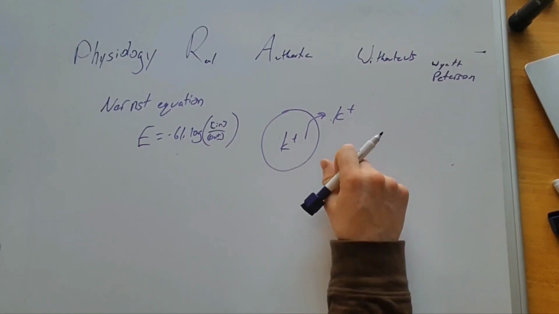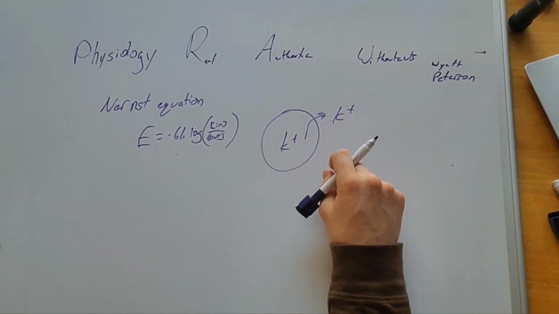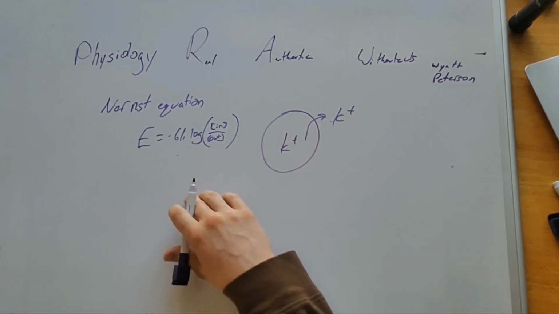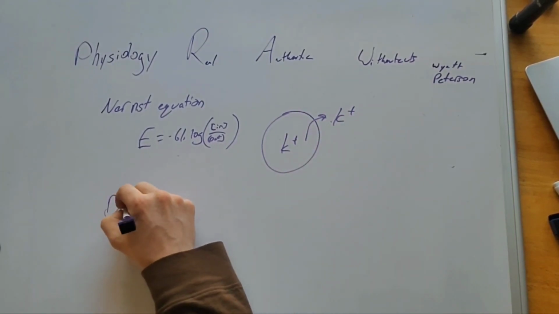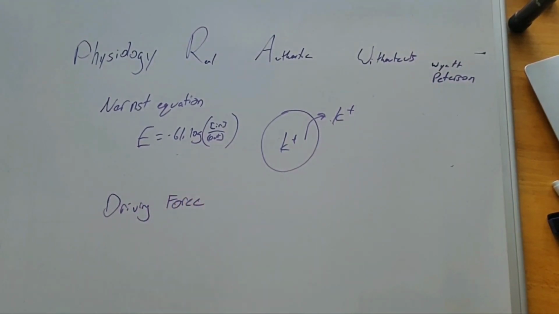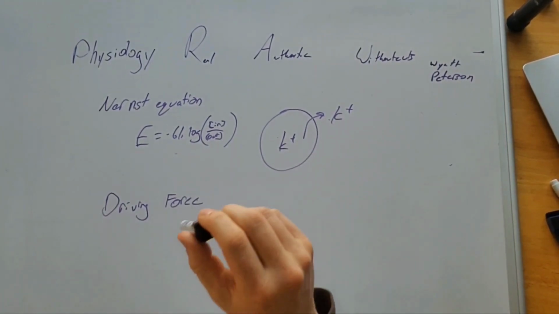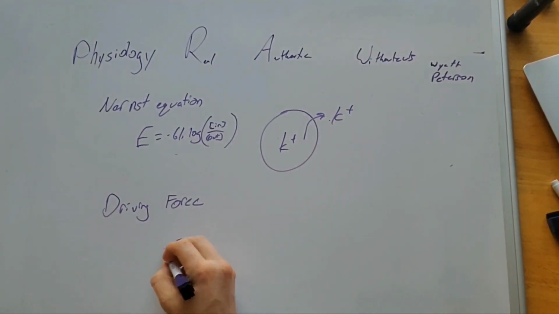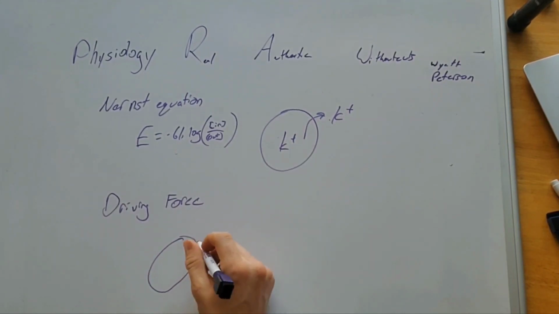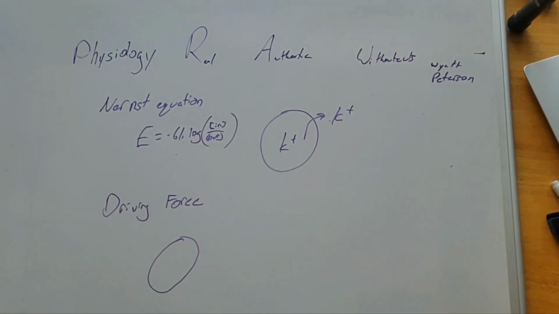It doesn't really take into consideration permeability and electrical gradient. It's just the chemical gradient, and it gives us a number to describe that. Driving force does take into consideration the electrical gradient, right?